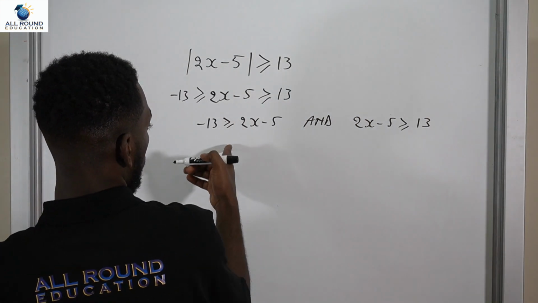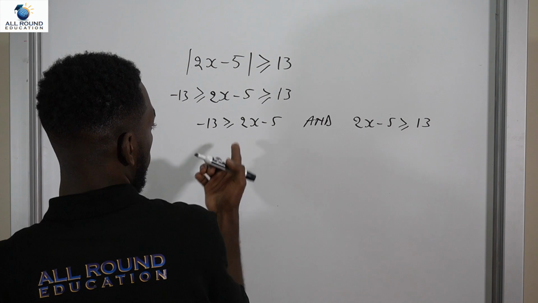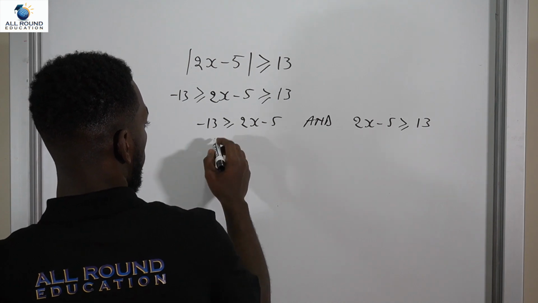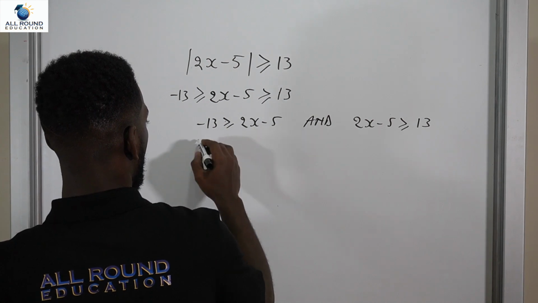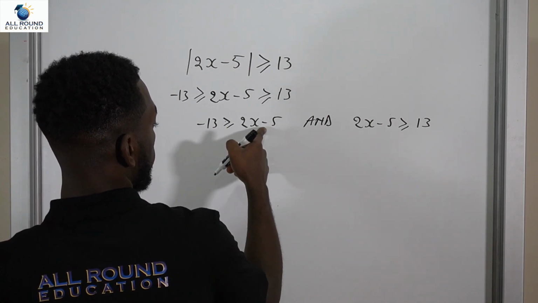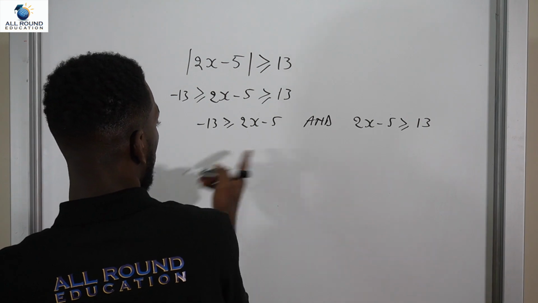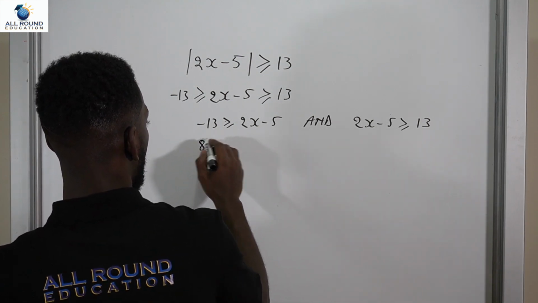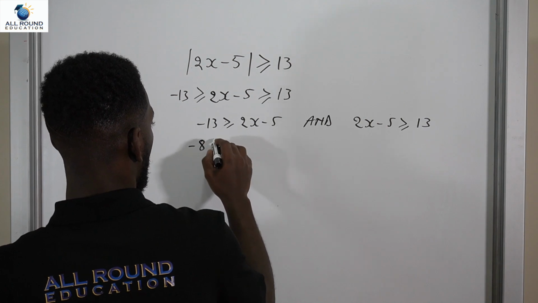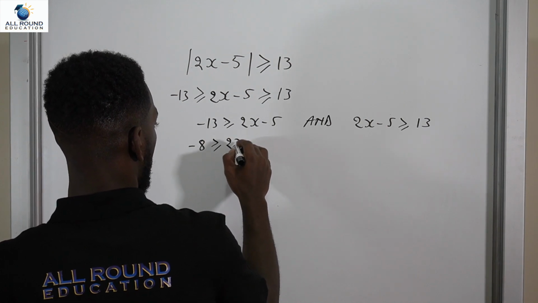Now for the first one, you're trying to solve for x. We can add 5 on both sides, so we get rid of the 5 on that side. Then we have negative 8 is greater than or equal to 2x.